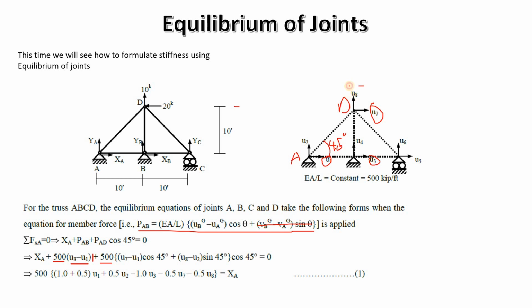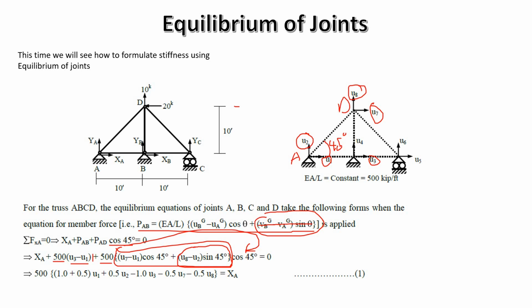This is U8, the y direction displacement for joint D, and U2 for joint A. Now, at the end you can see that the whole part of PAD is being multiplied by cos 45 degrees, because this cos 45 degrees actually came in from here.